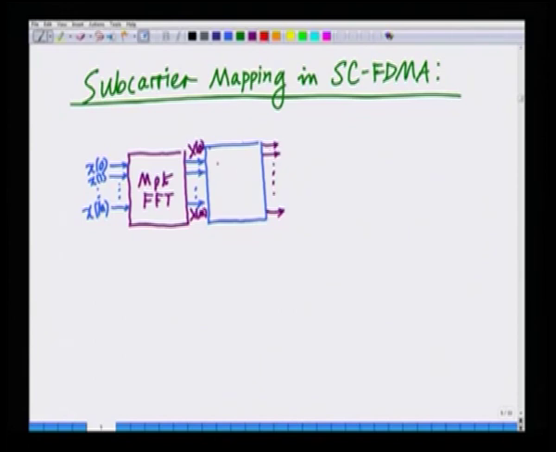So, here I am performing subcarrier mapping, and I am subsequently performing the N point IFFT.